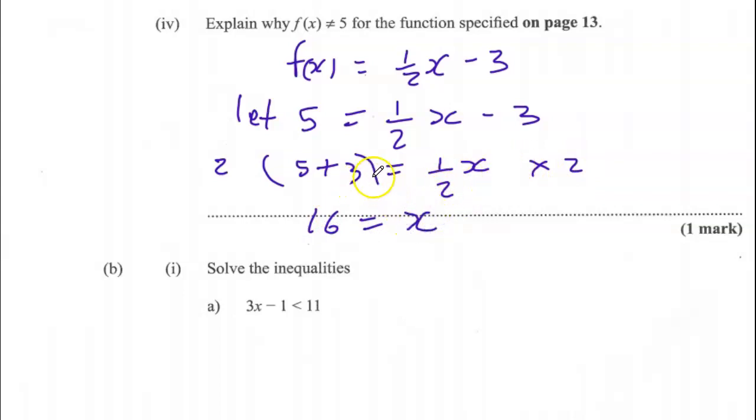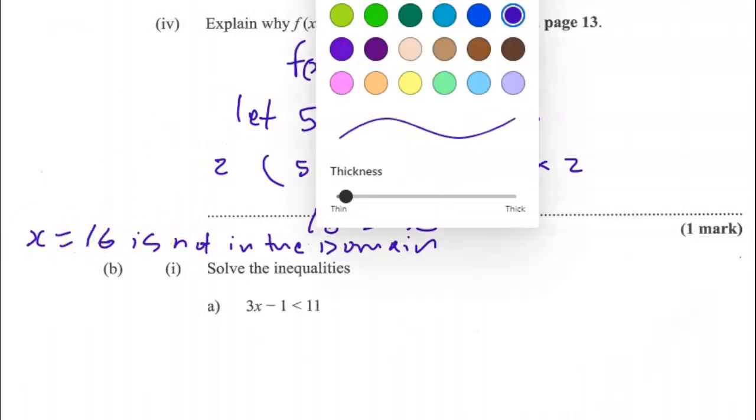So notice when f of x is 5, we have x is equal to 16. Now if you remember, the domain was 1, 2, 3. So 16 is not in the domain. X equals 16 is not a part of the domain, which means that f of x cannot be equal to 5.